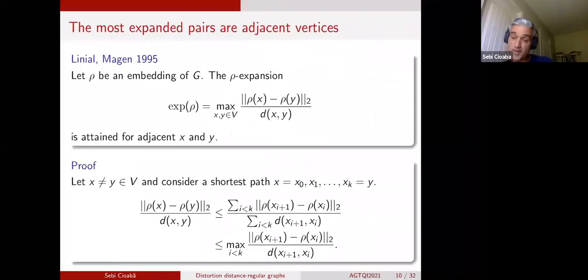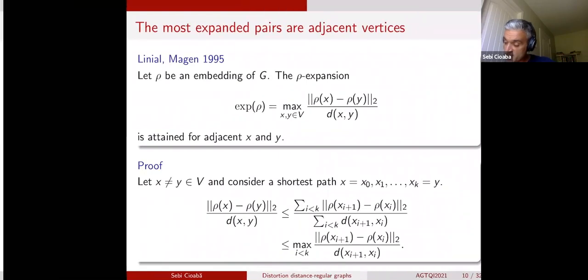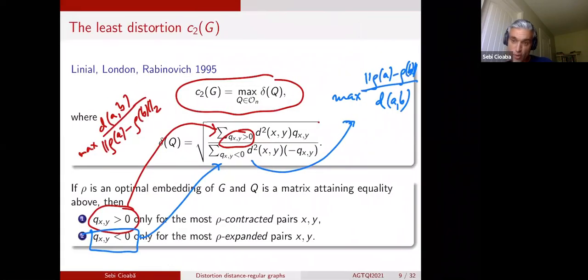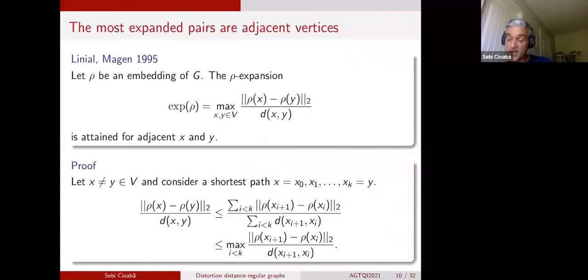Now they prove something more for the summation that appears here at the denominator, the most expanded pairs. They show that that's always going to be attained for adjacent vertices.